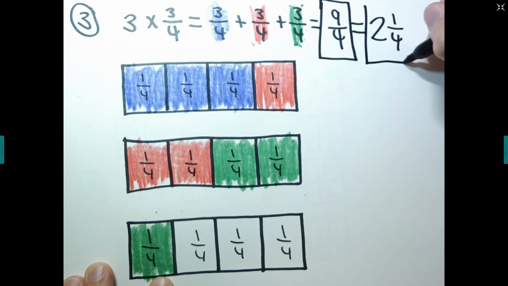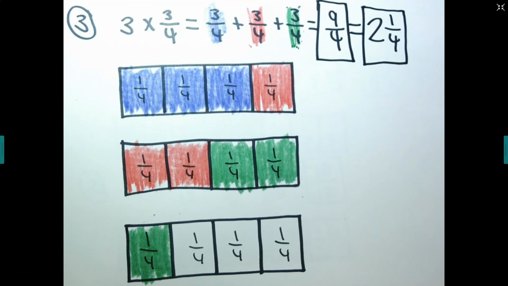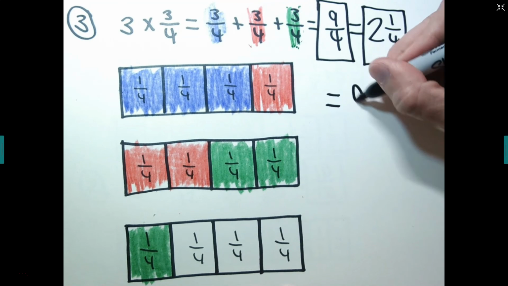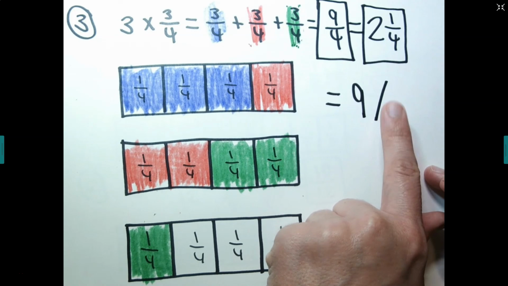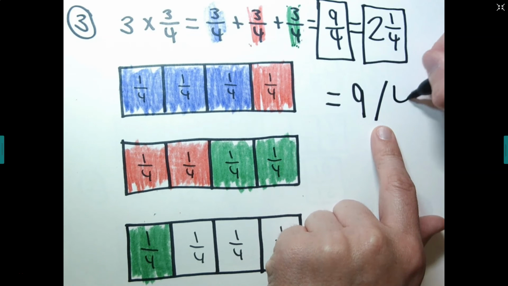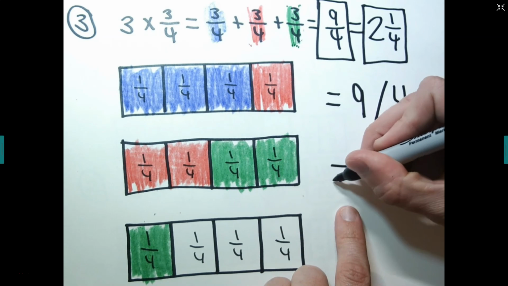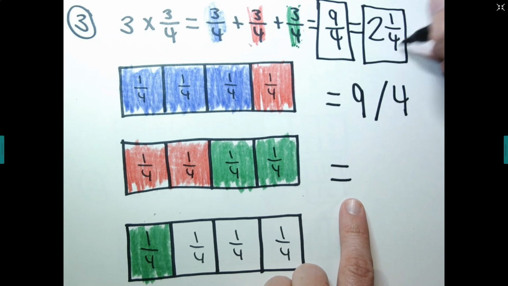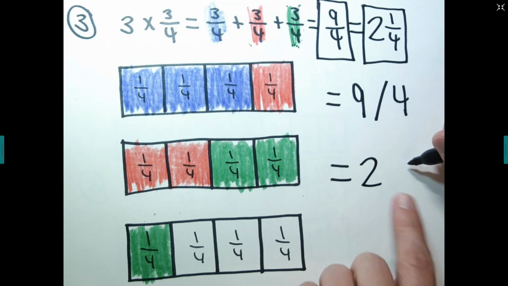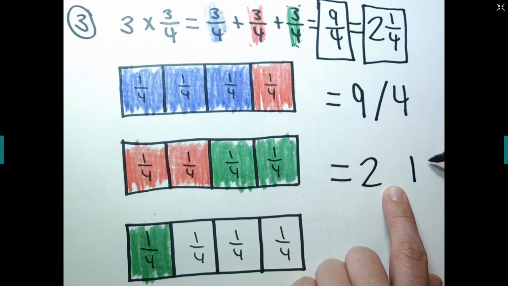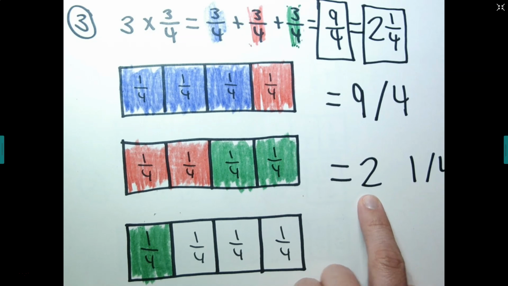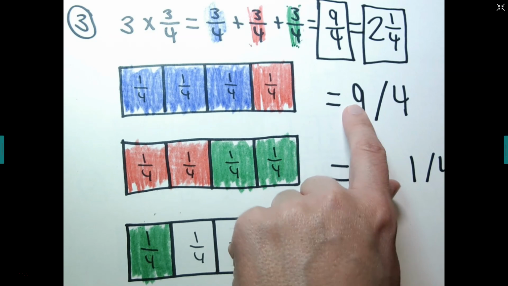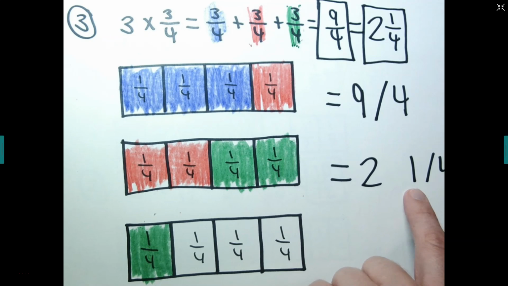9/4 or 2 1/4. On a computer, you'll write it like this. 9 / This button is the button where the question mark is. Or you can write it like this. For the mixed number, 2, then a space, and then 1 / 4. 2 and 1/4. 9/4 equals 2 and 1/4.